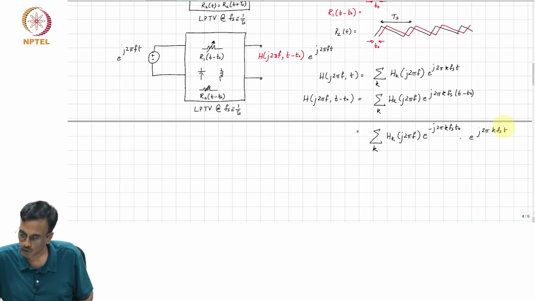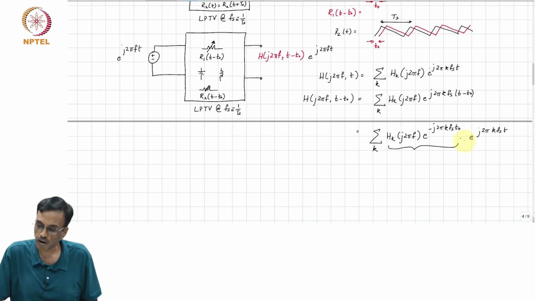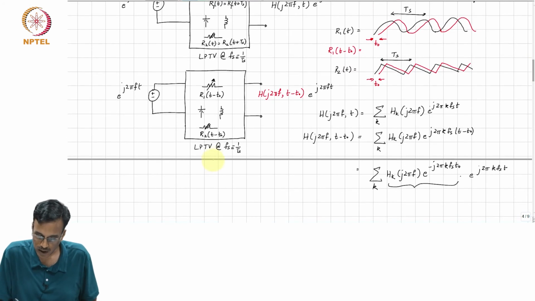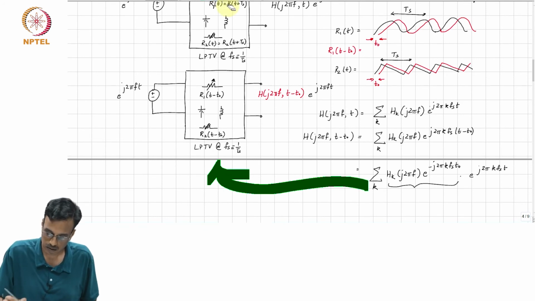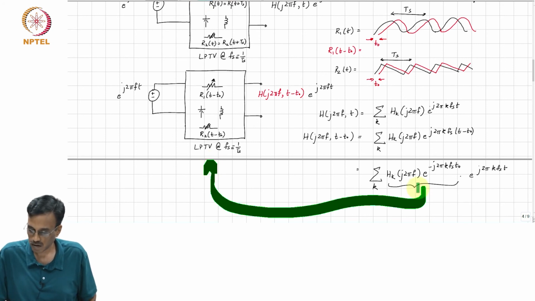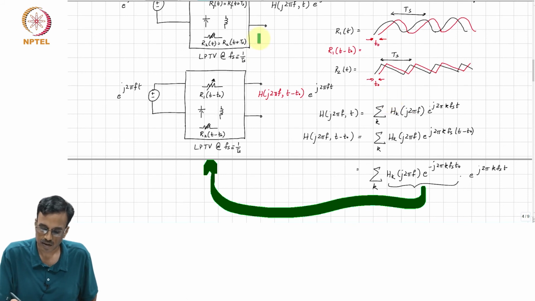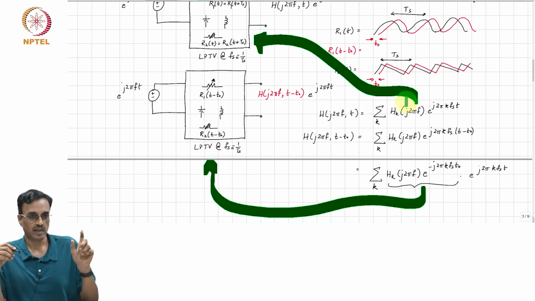Right. So, this therefore represents the kth harmonic transfer function of this network, whereas this represents the kth harmonic transfer function of the network on top.